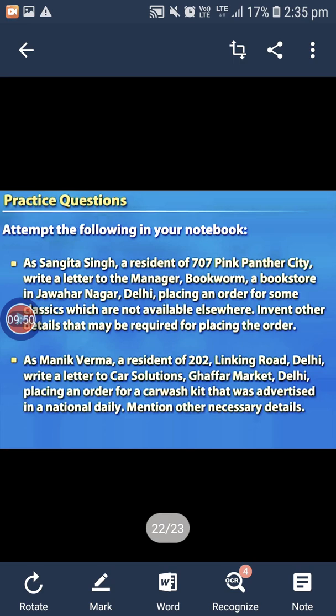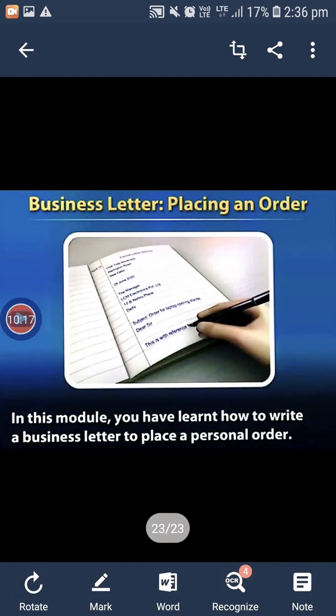Question 2. As Manik Verma, a resident of 202 Linking Road, Delhi, write a letter to Car Solutions, Ghaffar Market, Delhi, placing an order for the car wash kit that was advertised in a national daily. Mention other necessary details. Students, these are the practice questions that you have to do in your classwork notebook and show it to me.